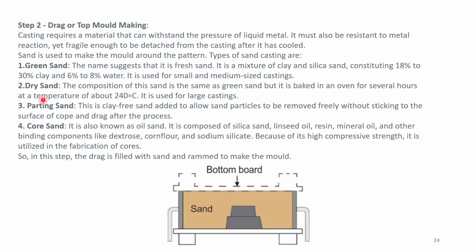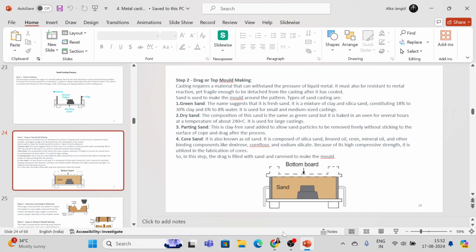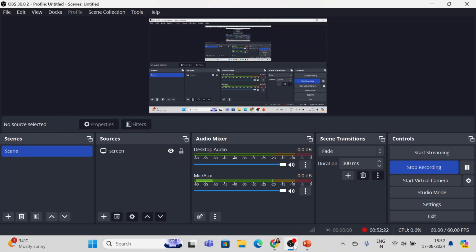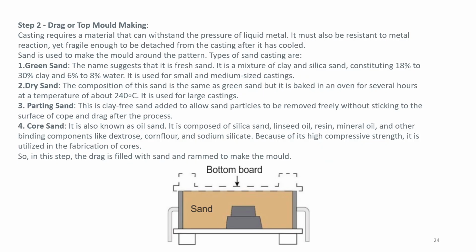Next you have dry sand. The composition of this sand is the same as green sand, but it is baked in an oven for several hours at a temperature of about 240 degrees Celsius, and it is used for large castings. Next you have parting sand.